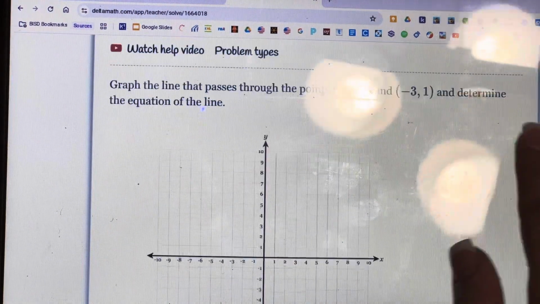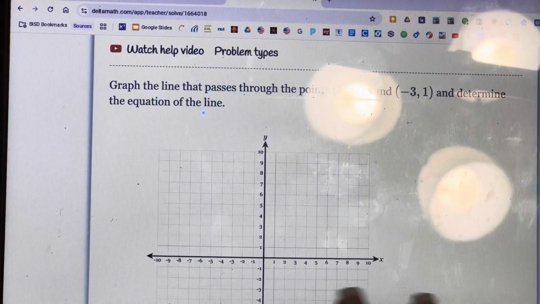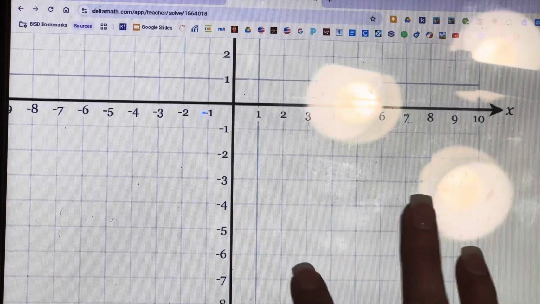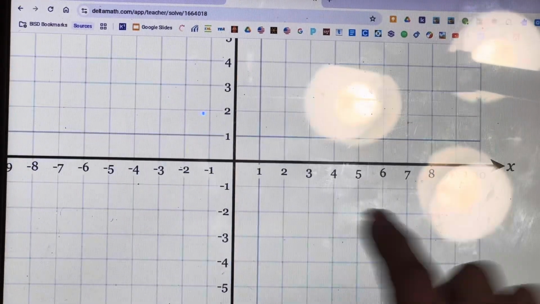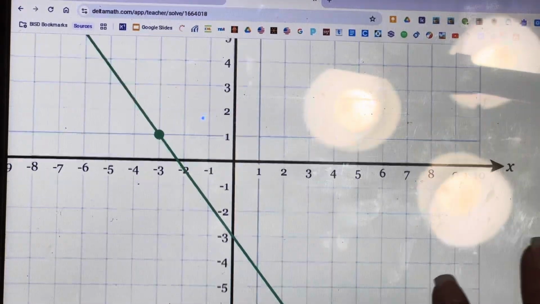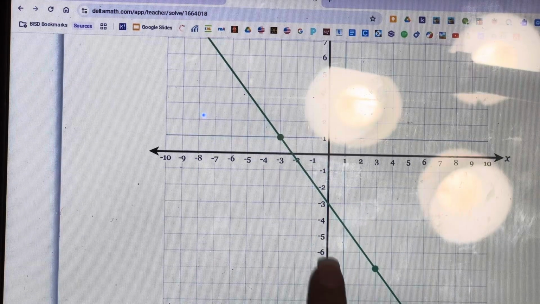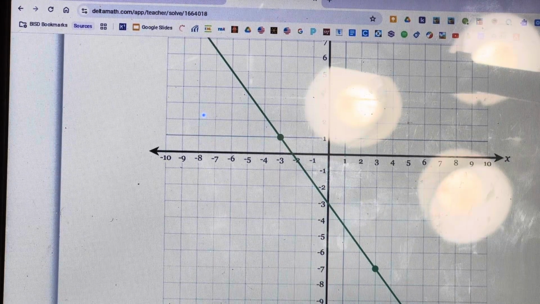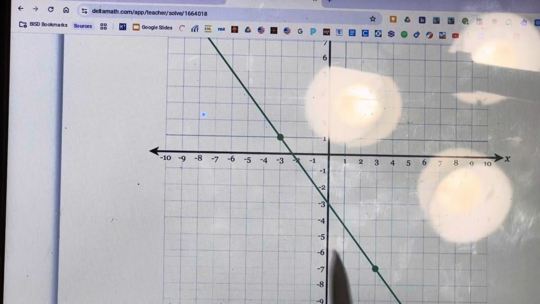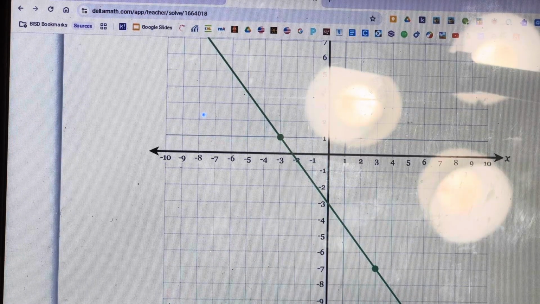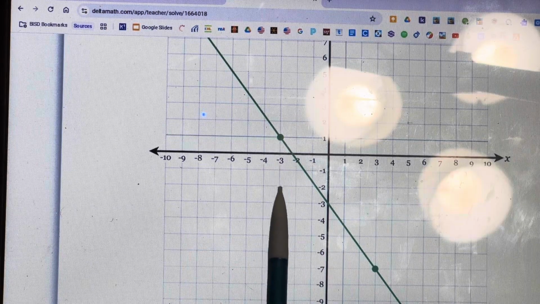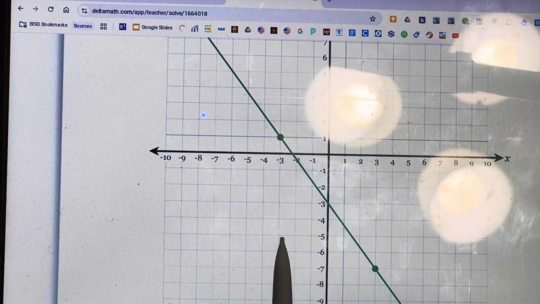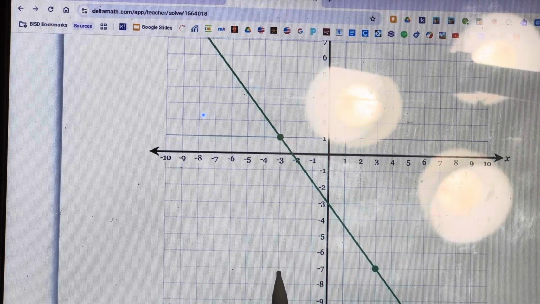Try one more. We're going to plot our 2 points, (3, -7) and (-3, 1). Okay, we see our y-intercept is at -3. Let's find the distance between these 2 points for our slope. We're going to go down 1, 2, 3, 4, 5, 6, 7, 8.